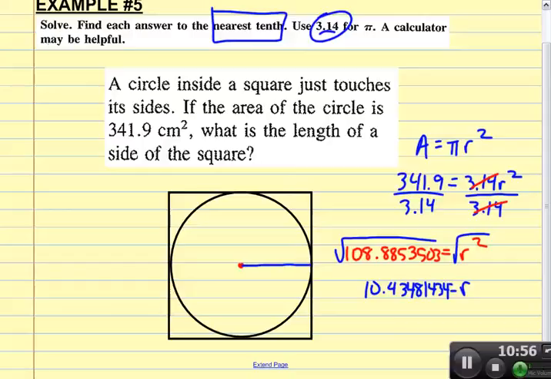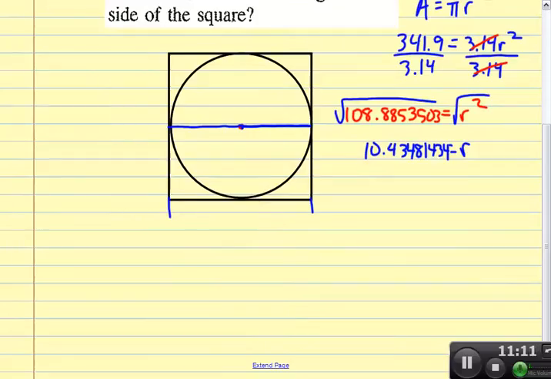But wait a minute, the side of the square is this and this. So if I multiply that by 2, I'm going to get that side of the square, right? X is going to equal 20.8696286.